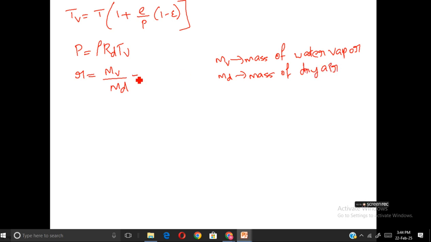In terms of pressure, we derived an equation during the problem: the mixing ratio can be written as e by p minus e into epsilon.